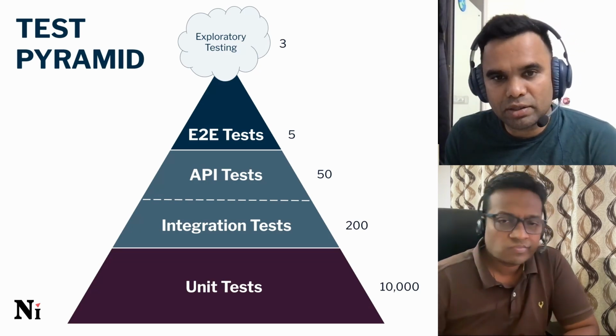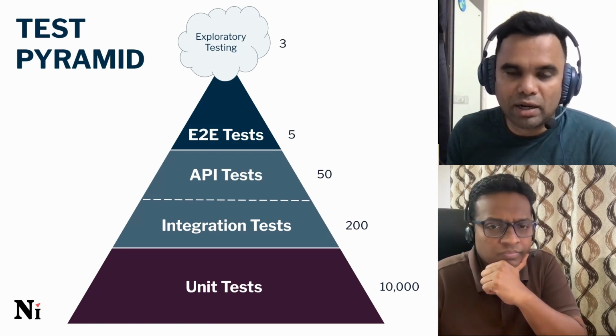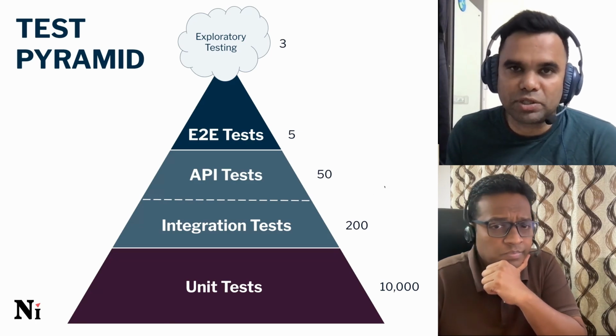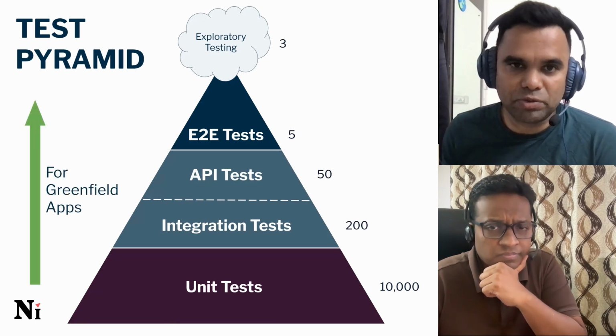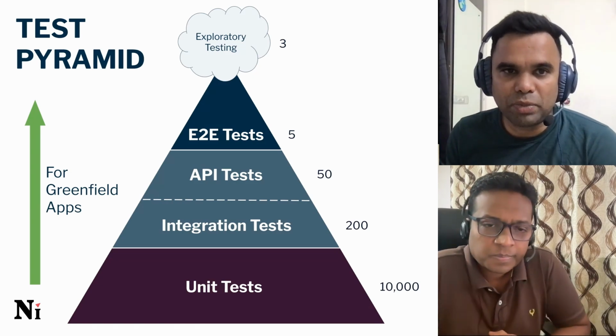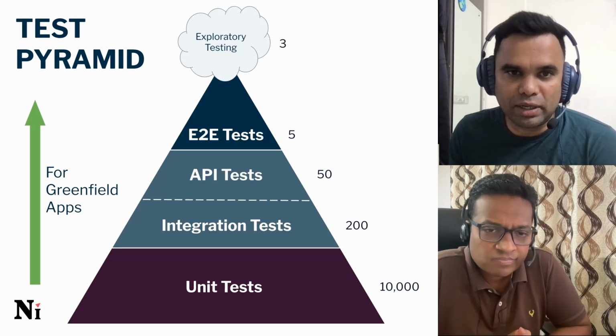Why do I say this? Unit tests would provide you guardrails to design your application with a contract first mindset, because you're writing the tests first, right? And then you're writing the implementation to pass those tests, and then you continuously refactor while ensuring that your tests are passing.